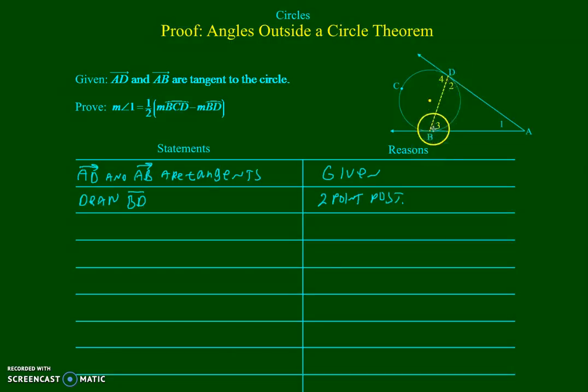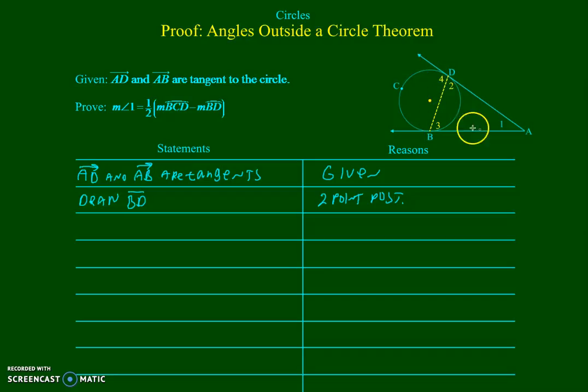So here we have segment BD, and we've created angles 2, 3, and 4. And we're going to use the tangent intersected chord theorem to show that this angle is 1/2 this arc, this angle is 1/2 this arc, and we're going to relate these two angles, angle 1, 3, and 4, by the exterior angle theorem, because with this triangle, that angle is exterior.